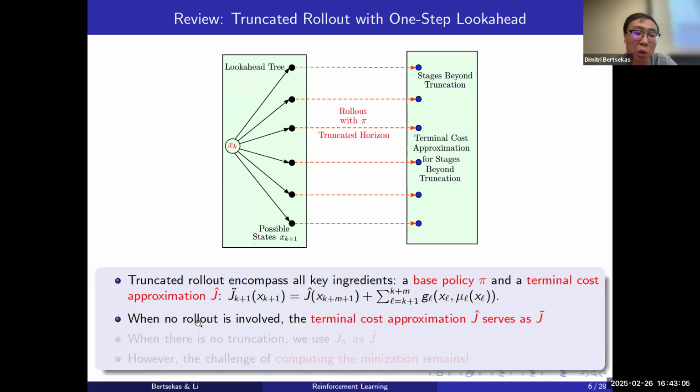And when no rollout is involved, the terminal cost approximation J hat here is the J tilde in the one step look ahead.